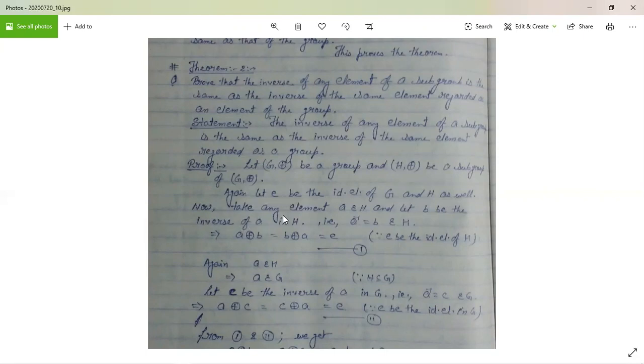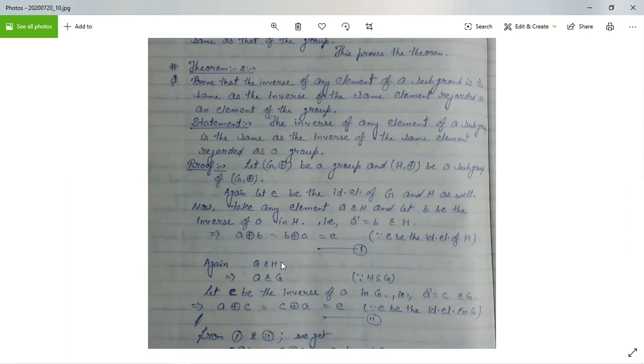Now take any element a belongs to H and let b be the inverse of a in H. That is, a inverse equals b belongs to H. This implies that a ∘ b equals b ∘ a equals e. Take this as equation 1.